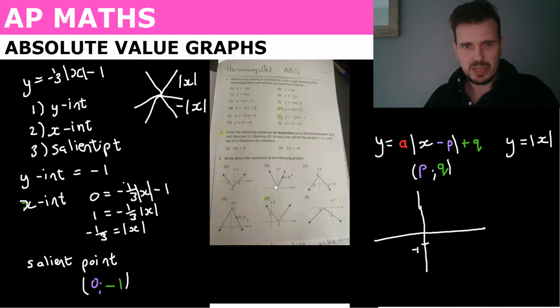So the salient point is in the same place as the y-intercept. That makes sense because it's just an absolute value graph shifted downwards. And because the gradient is negative, it's also sloping downwards. We know it's going to be a fairly flat graph, so it's going to look like this.